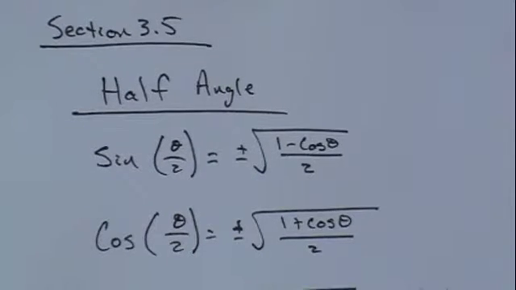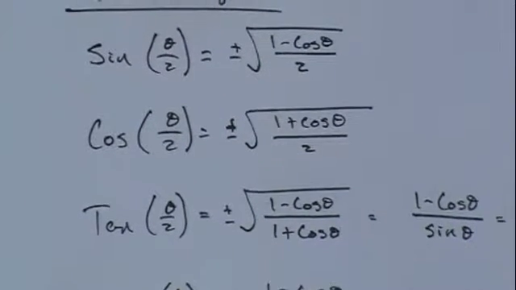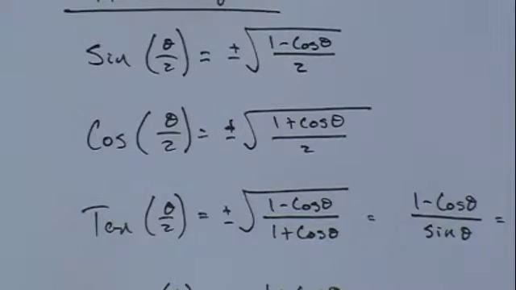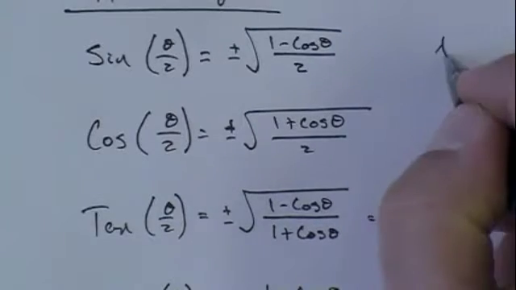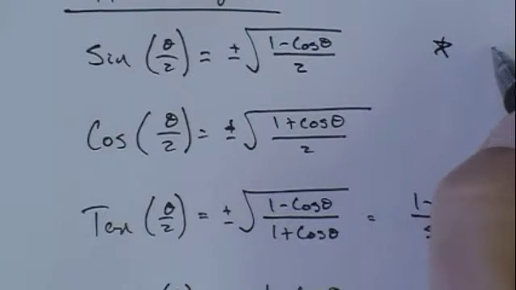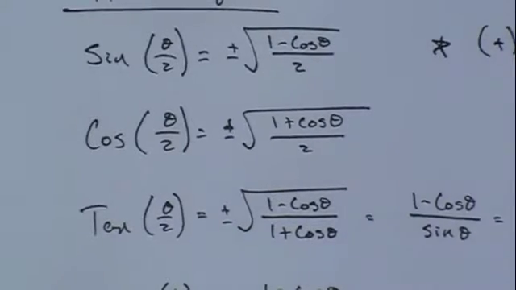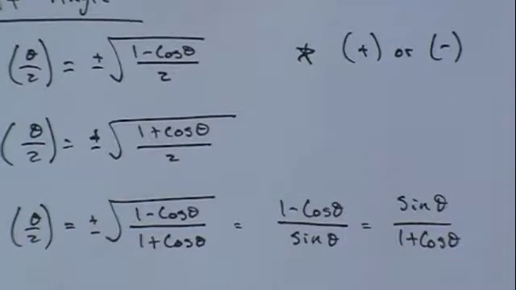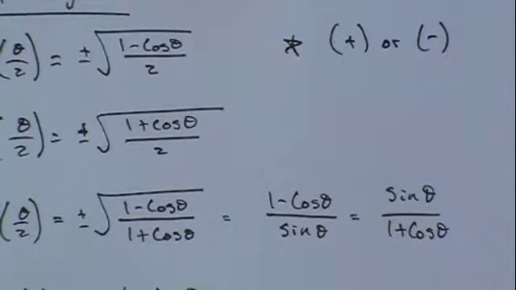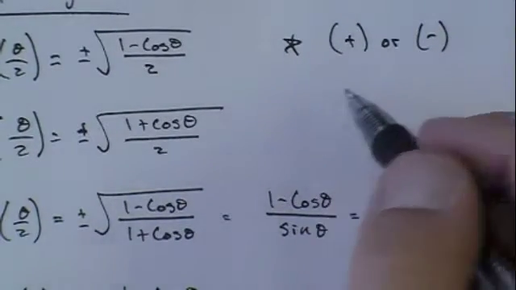We also have our half angle formulas. So here for sine, cosine, and tangent we have plus or minus the square root of these values. Now in determining whether or not it's going to be positive or negative, that comes from the quadrant that our angle theta over 2 is in.